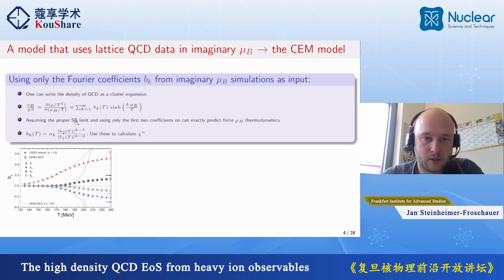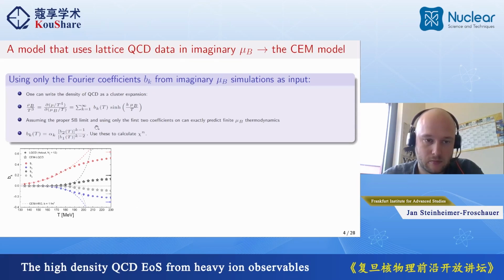So assuming such a proper Stefan-Boltzmann limit, one can approximate these coefficients very easily by this little formula, which only depends on the first two. If you have the first, B1 and B2, you can write any coefficient using this formula, and it works very well for everything which has been measured by the lattice.